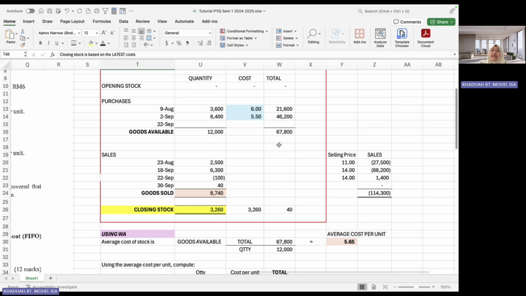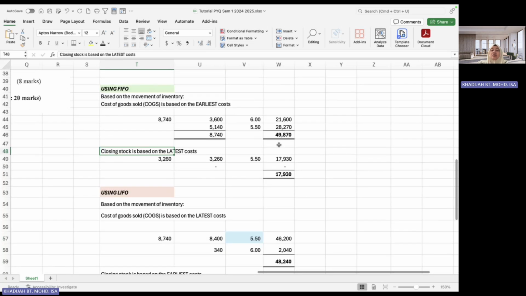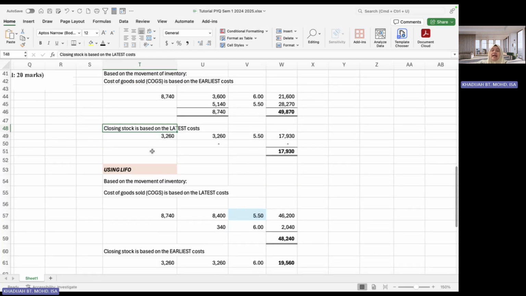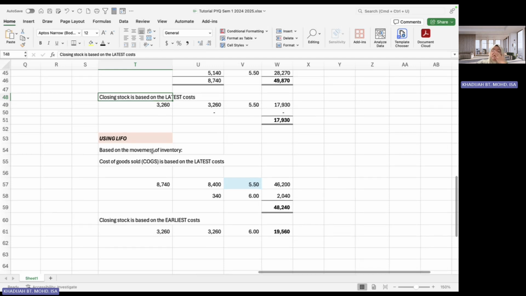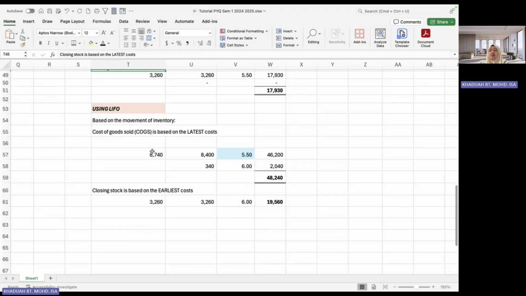If it's FIFO, first in, first out, the cost of goods sold is based on your earliest cost, but the closing stock is the latest cost. But if LIFO, which is not recognized by the accounting standard, the COGS will be based on the latest cost and the closing stock is based on the earliest cost, right?